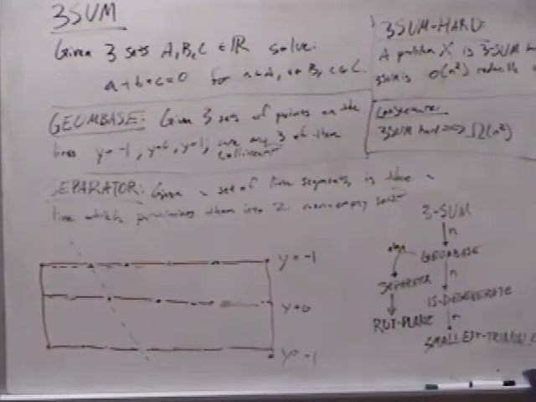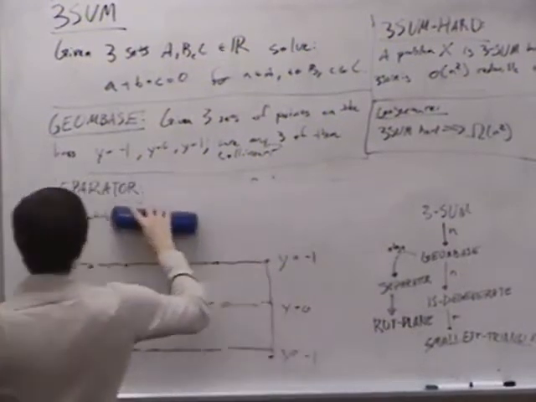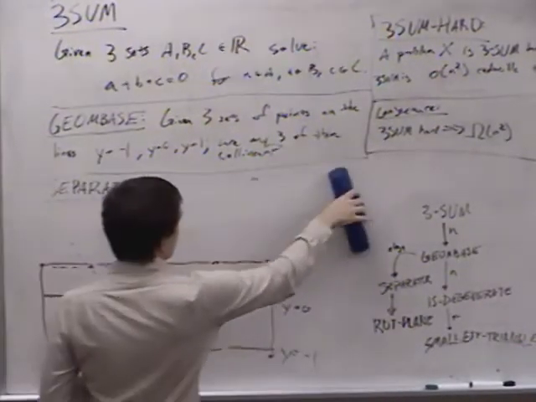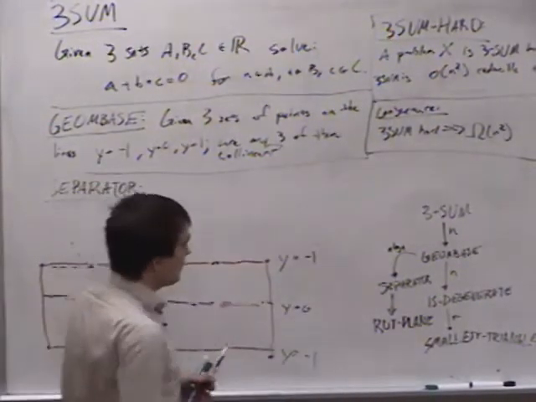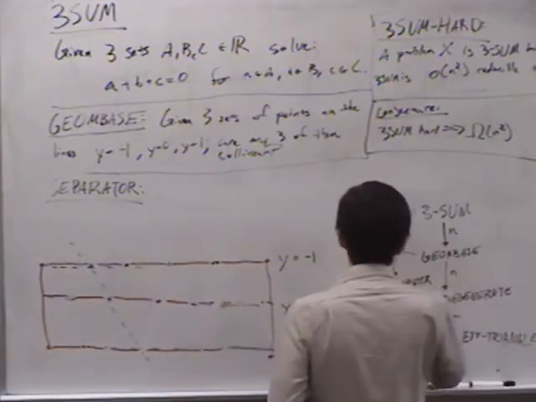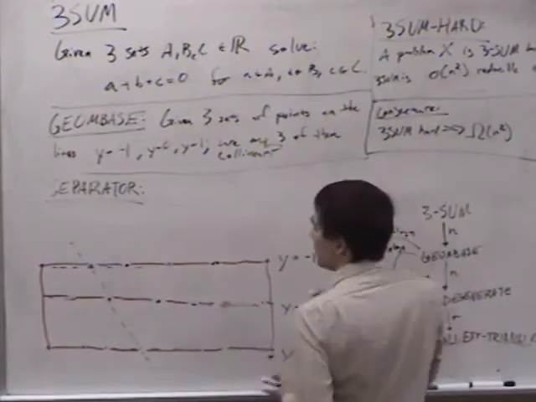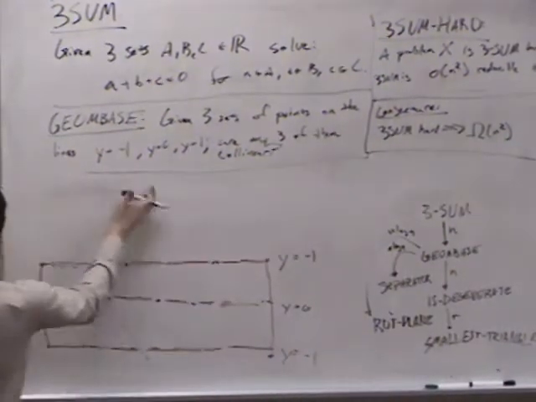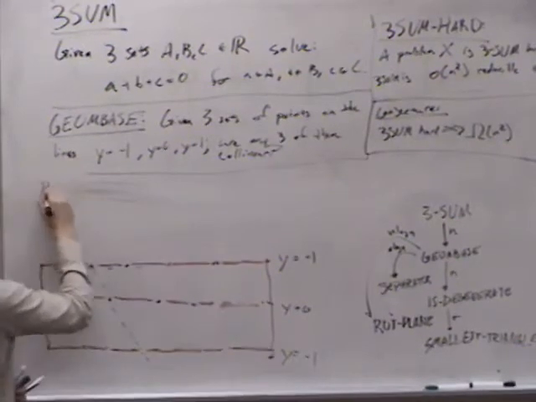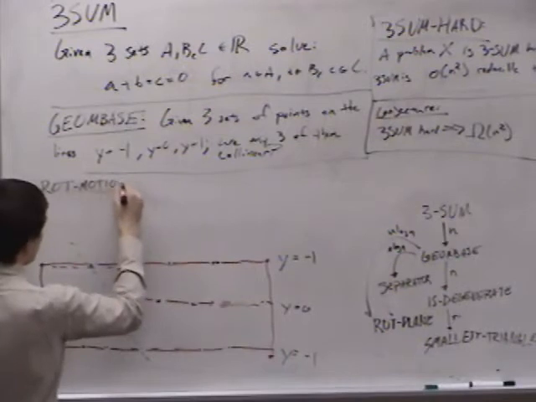I'm going to erase this statement up here. We won't reduce it from separator. We'll actually just reduce it directly from geom-base using the same trick. So instead of calling this one separator, we're going to call this one rotational motion planning.